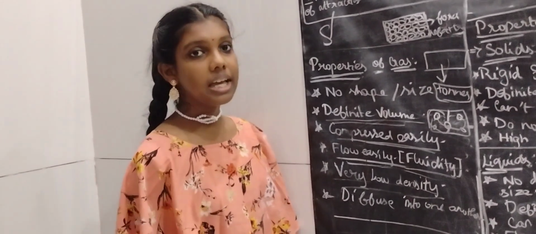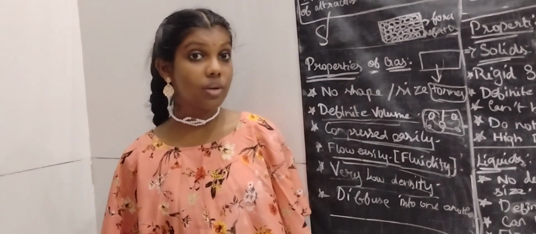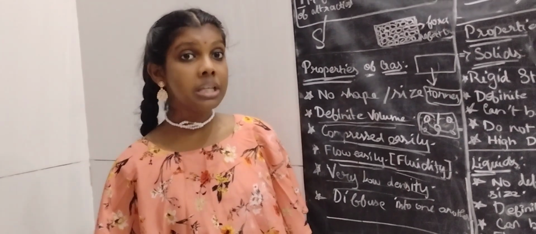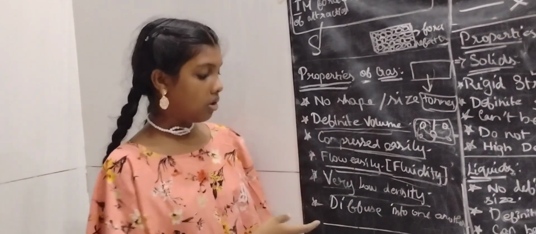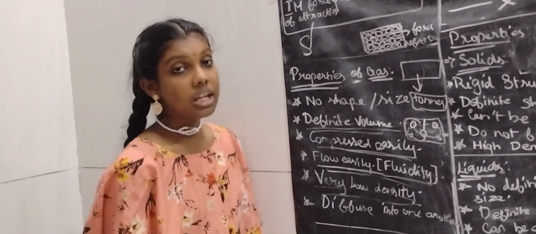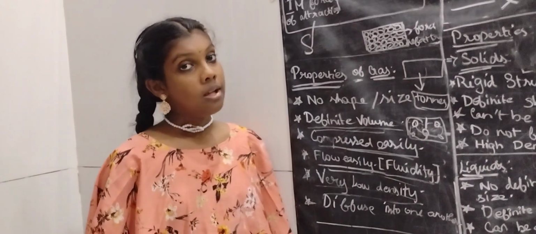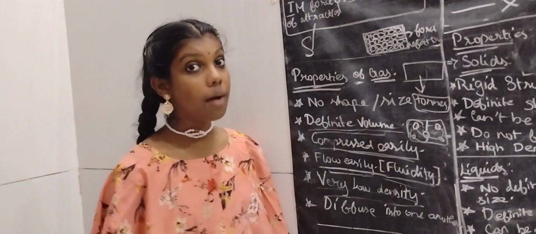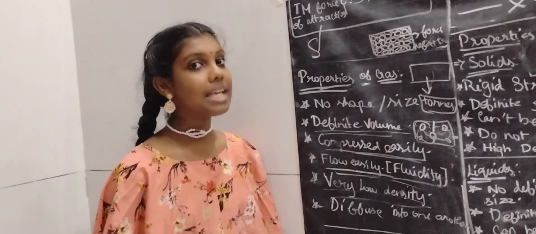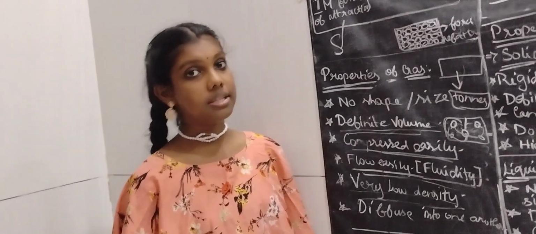Then we saw solids, liquids and gases and their properties, and also the diffusion occurring in both gases and liquids, the similarities of gases and liquids, and also the intermolecular space and intermolecular force of attraction and the comparison chart.